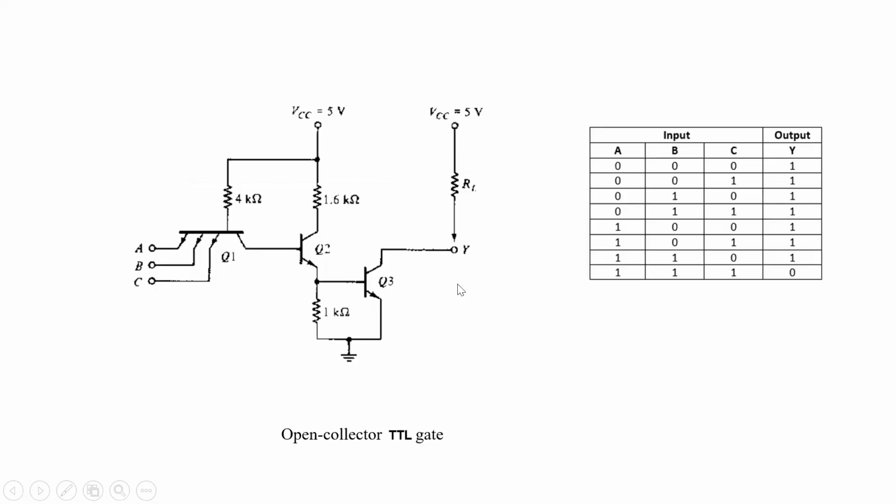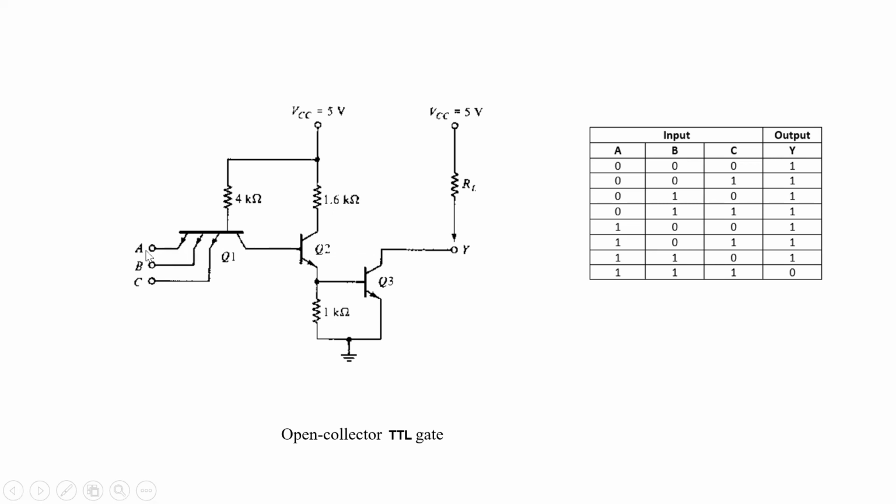This is the multi-emitter transistor. When we are giving low input to the emitter terminal, this PN junction becomes forward biased, because this is an NPN transistor, so the emitter terminal is N type.